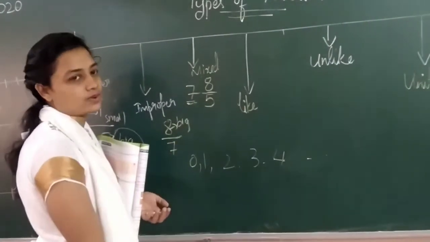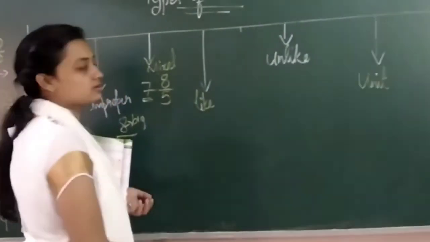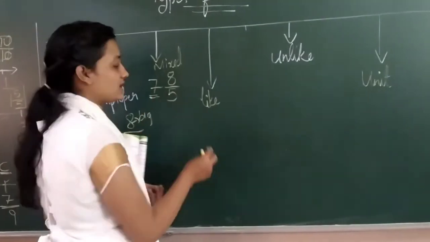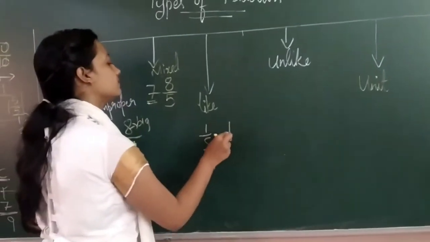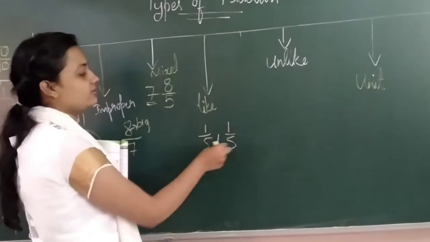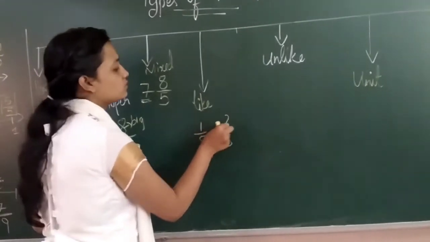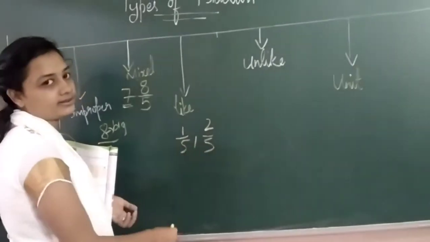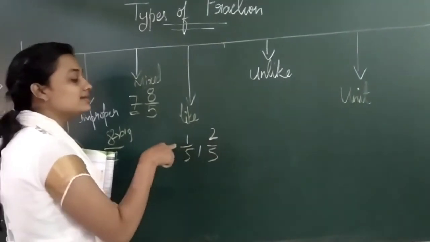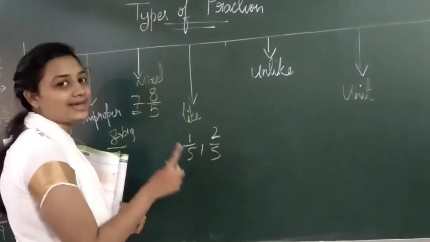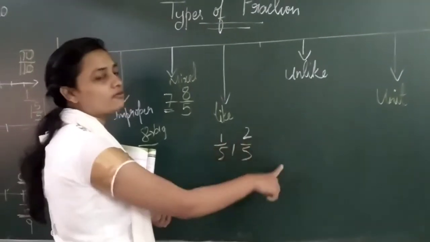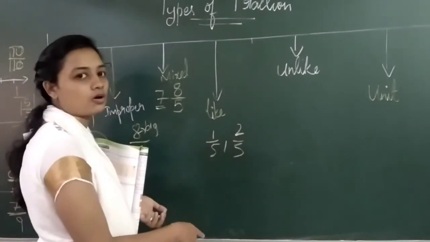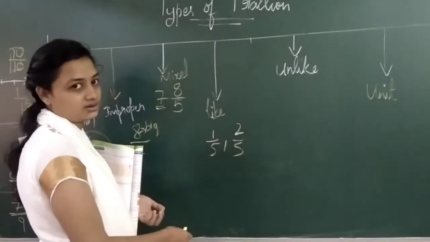Now come to the next one. Like fractions. What are like fractions? For like fractions, I should compare two fractions here. See, I have written 1 by 5 and let me take 2 by 5. What is common here? Denominator, 5 and 5. So this type of fraction is called like fractions. Any number of fractions having the same denominator is called like fractions.